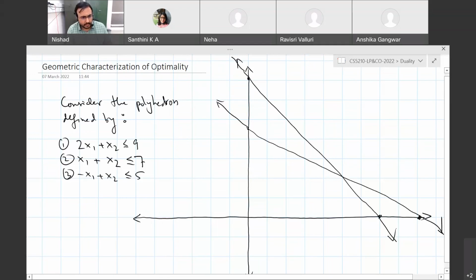And the last one is minus x1 plus x2 equals 5, so that's going to be... I think I might have made a mistake. Yeah, sorry, I think I messed up.